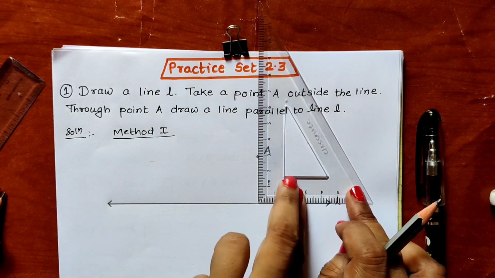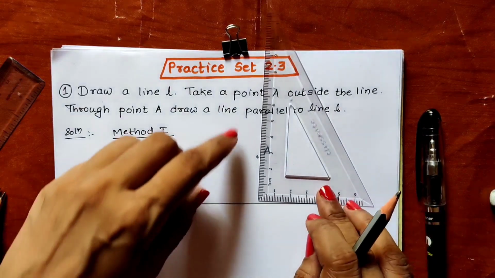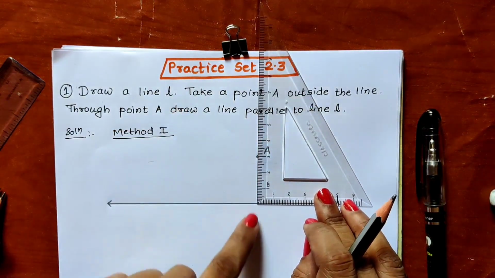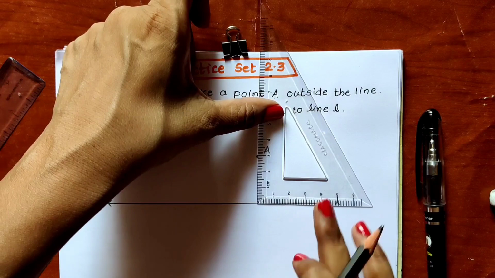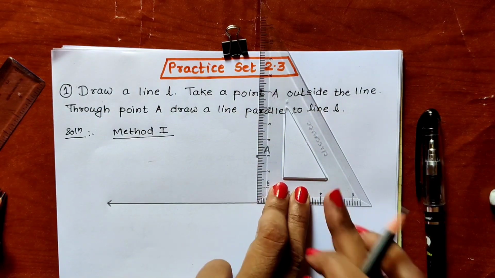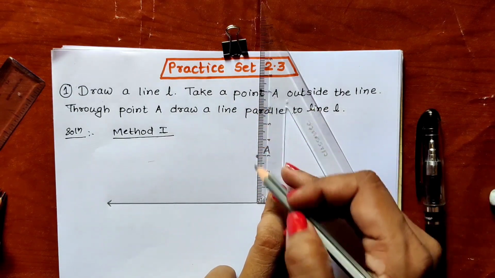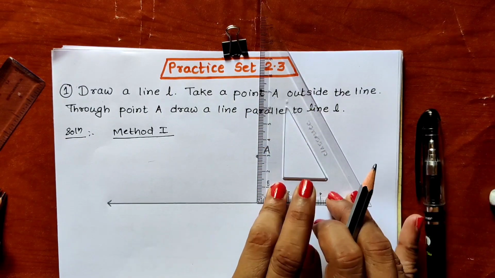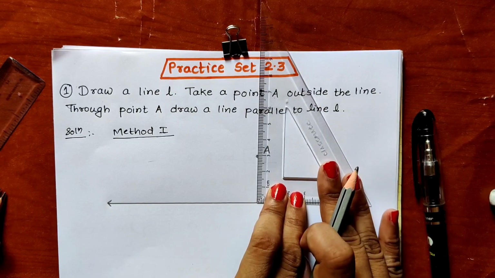As you all could see here, this side, the base side is matching with this line L and the height side is passing through point A. In this way we have to place this first set square.